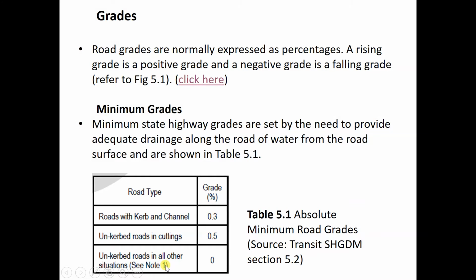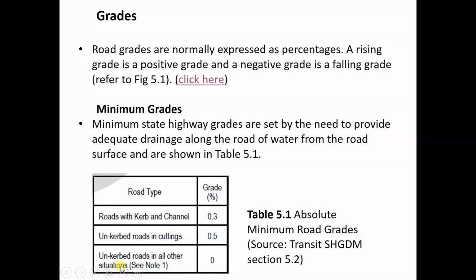With the curb and channel, that means this is the urban road, and you need to provide stormwater pipes. So that 0.3% is 1 in 333, which provides the gradient for the water to flow in the stormwater pipes.